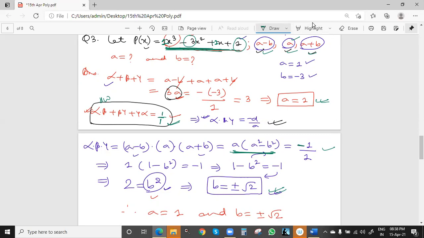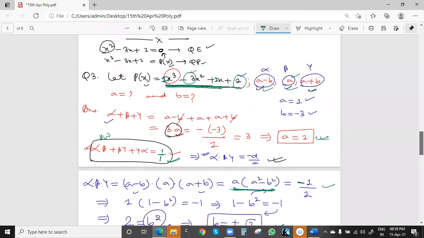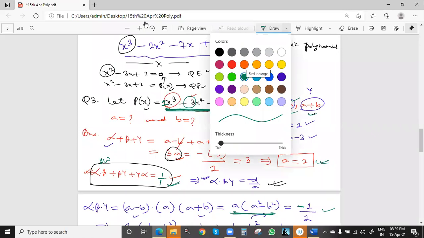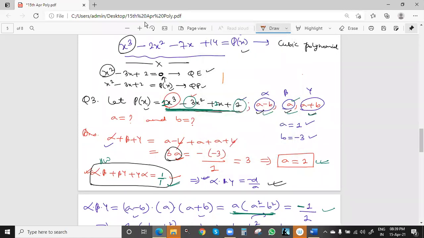So basically 1 value. How did we get these a, b, c values? Because we know the standard form of a cubic polynomial, that is p(x) equal to ax cube plus bx square plus cx plus d, where a not equal to 0.